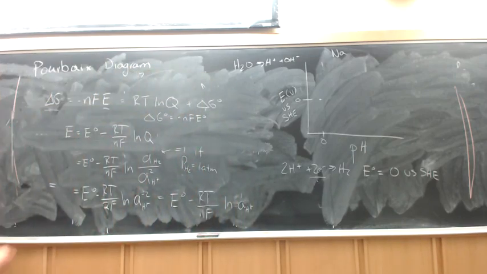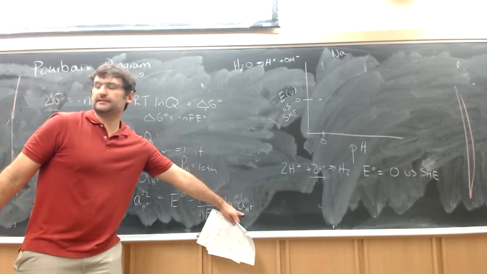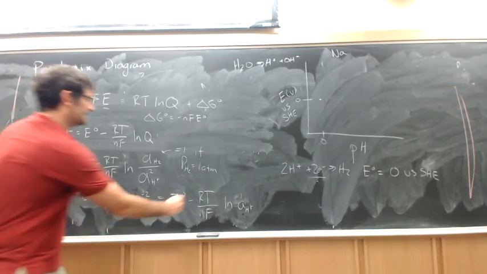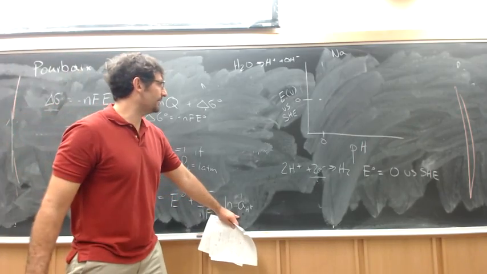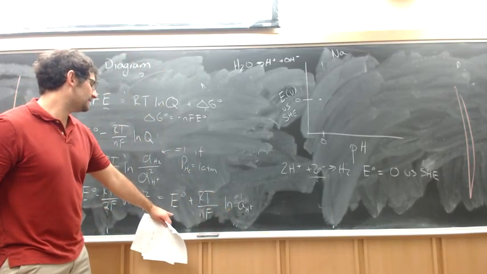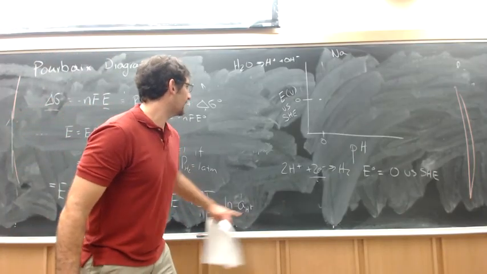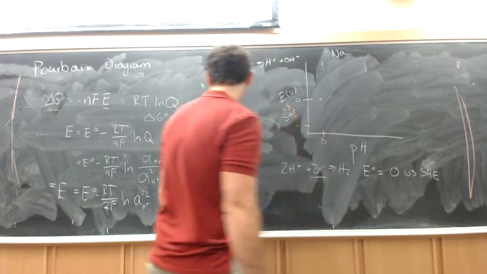And so this is the pH dependence now, but it's written in terms of the activity of H plus instead of in terms of pH. I guess it's plus. Yep, we lost the plus, good. Does that make sense? As the pH goes up, this is going to be negative here.